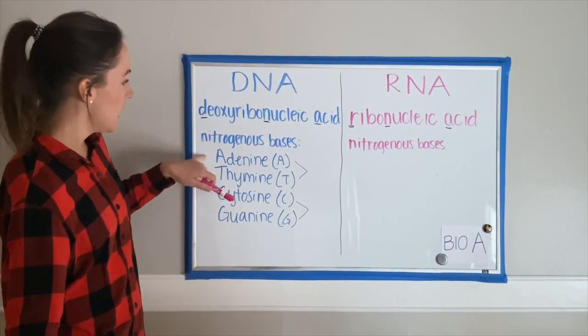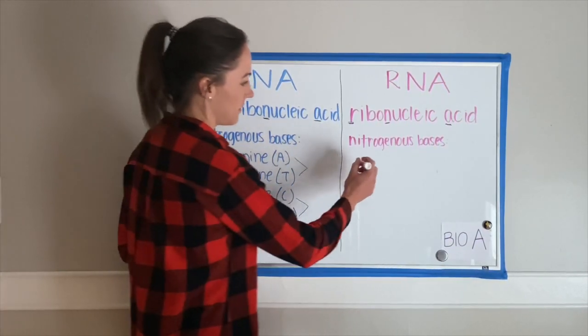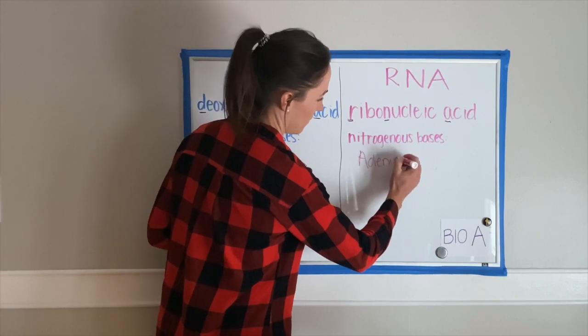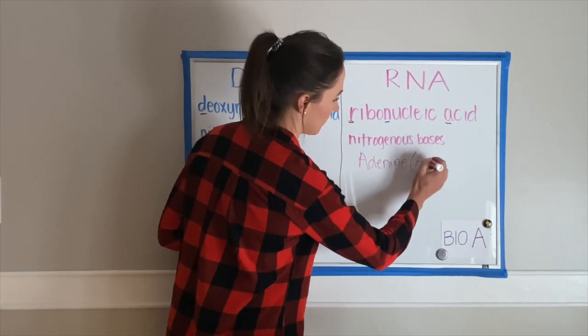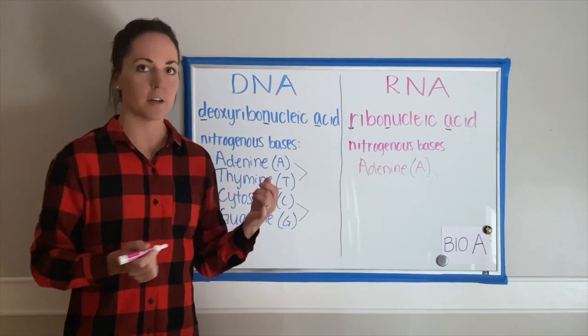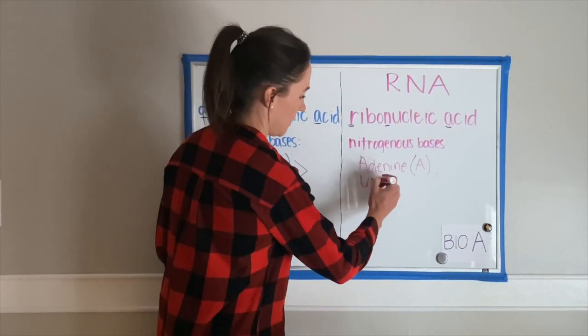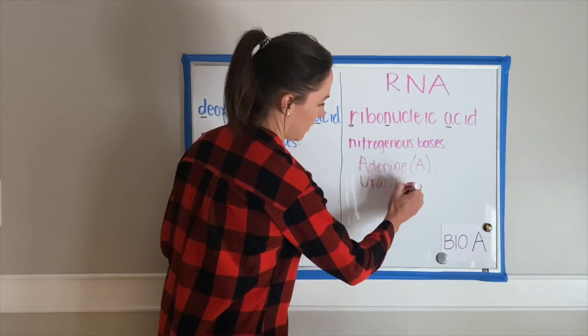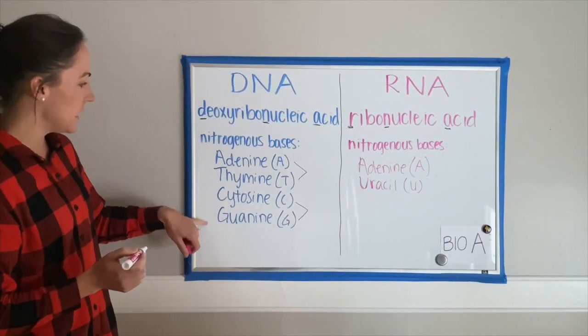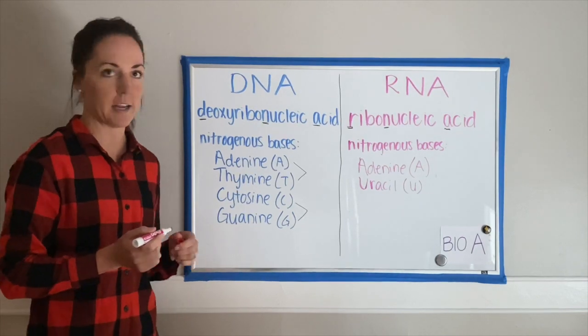Like DNA, RNA has adenine, but instead of thymine, it has a base called uracil, which we abbreviate with a U. And then, like DNA, it still has cytosine and guanine.